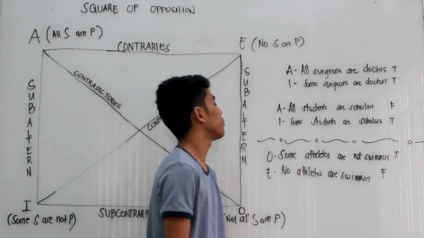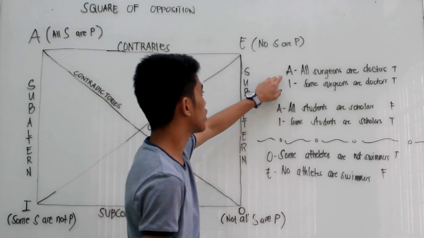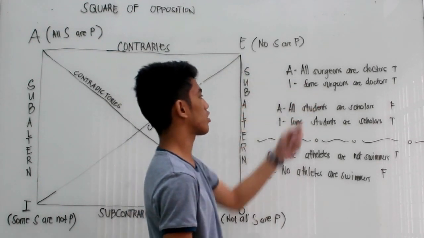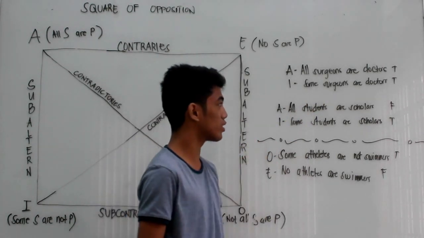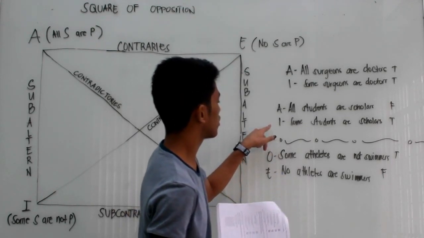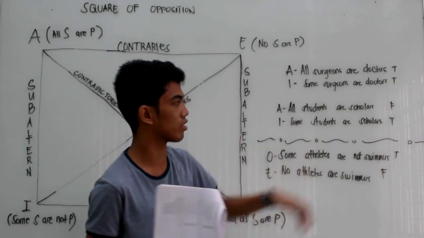For example, the universal is: all certainties are not proof, which is true. Automatically, the particular would be true: some certainties are not proof. The second example is: all students are scholars, which is false. That's why the particular will be doubtful: some students are scholars.